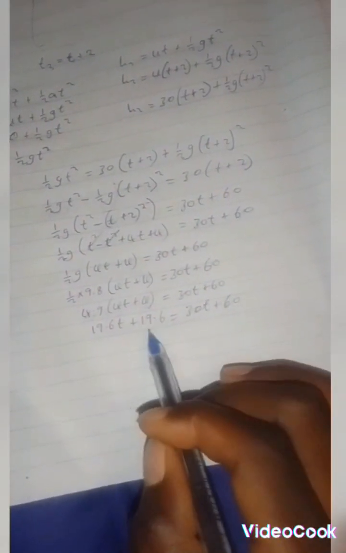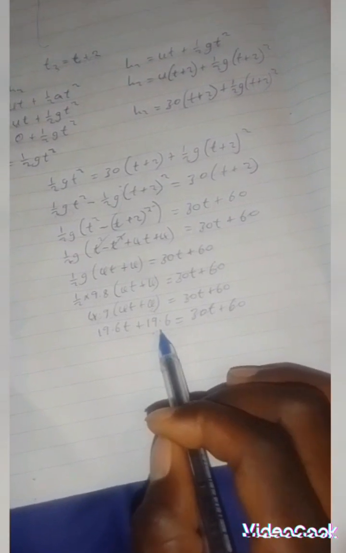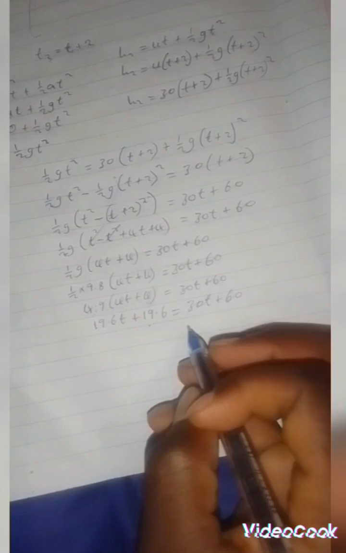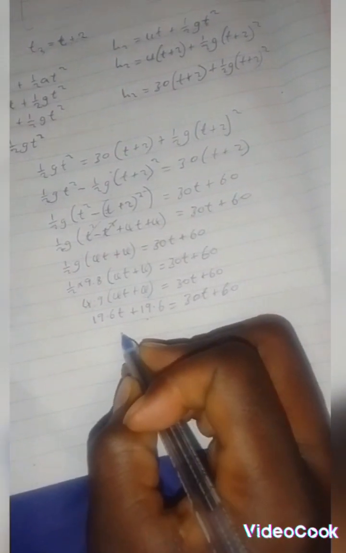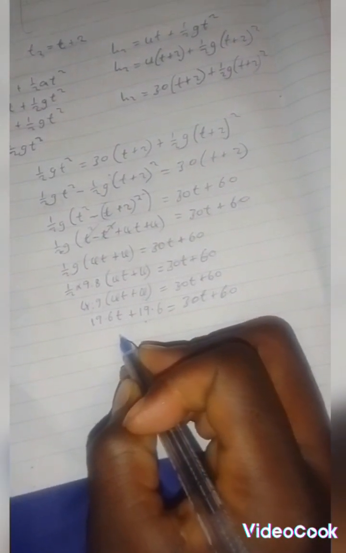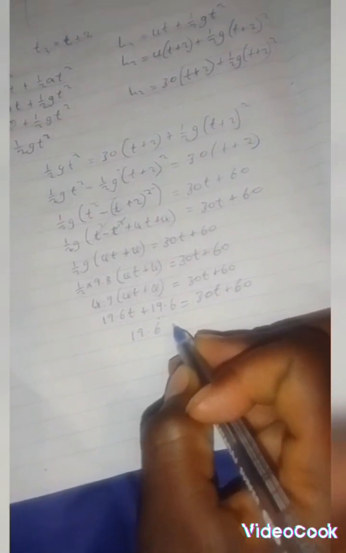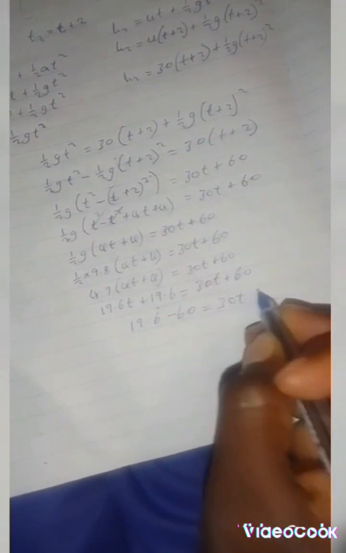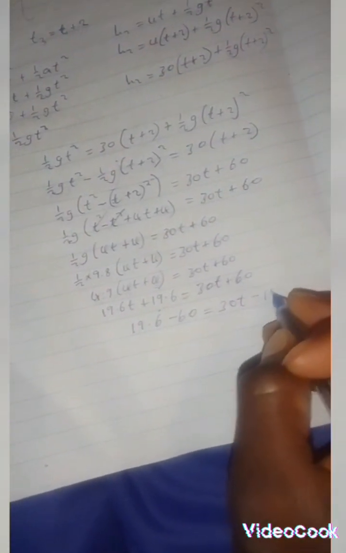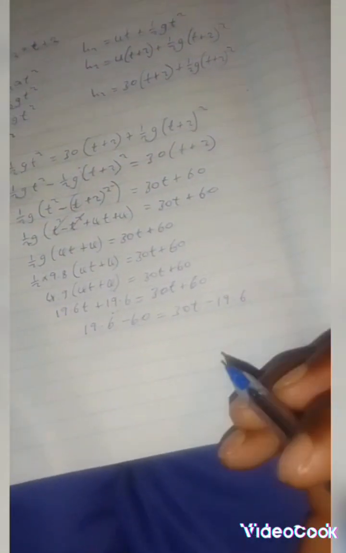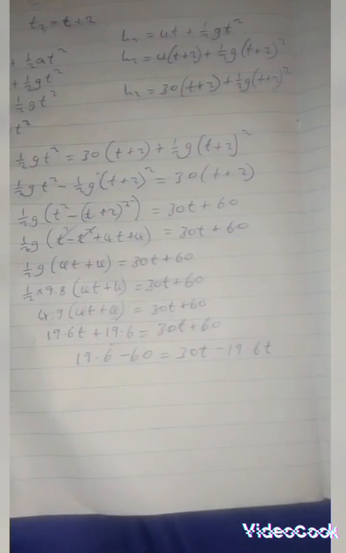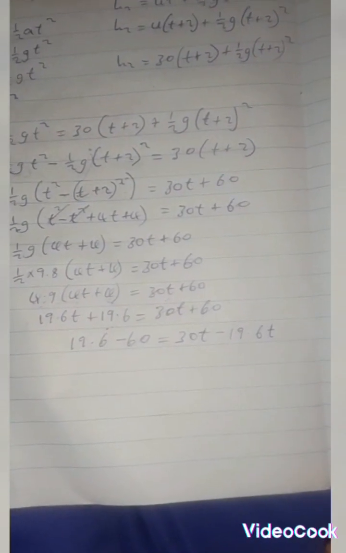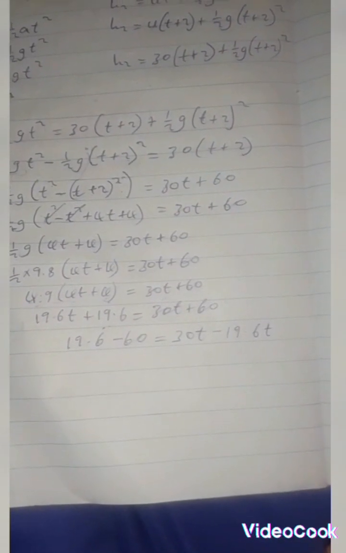So this which doesn't have negatives will remain this side, then these which have negatives will go this side. So we are going to say 19.6 minus 60 is equal to 30t minus 19.6t.